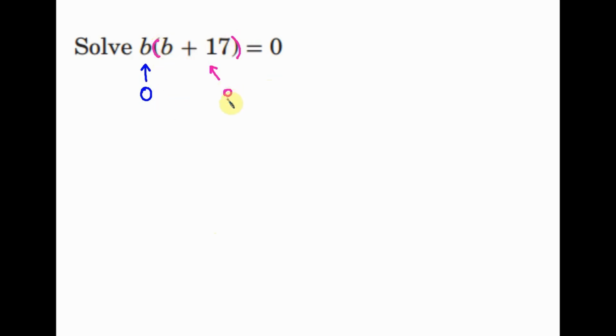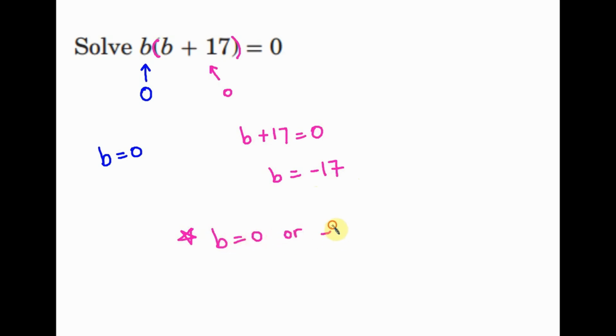And for the same reason, when you multiply whatever this b is right here times 0, you will get 0. So as you see, the b is equal to 0 automatically. However, for this one, if I solve it, b plus 17 is equal to 0 if b was equal to negative 17. So I can say my answer is b is equal to 0 or negative 17. And this is going to be my answer when you solve this equation.